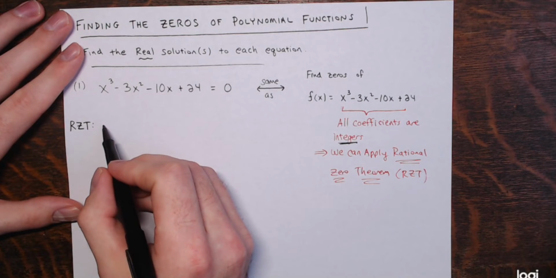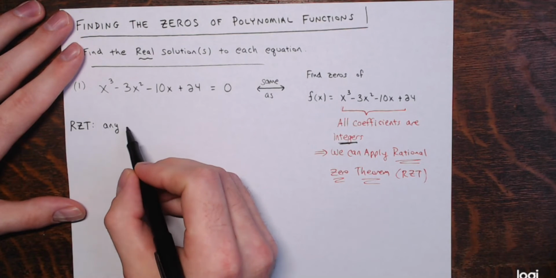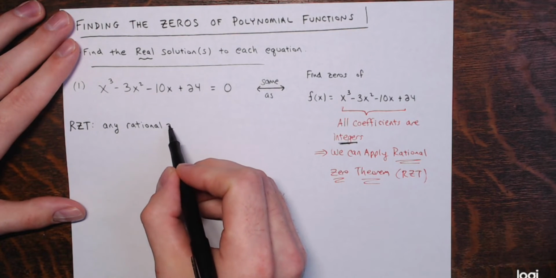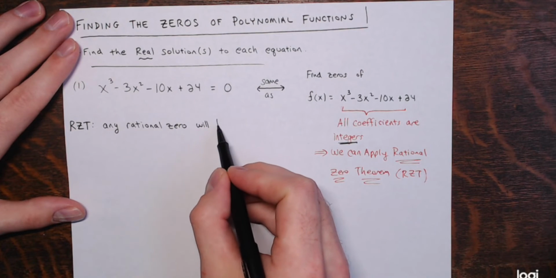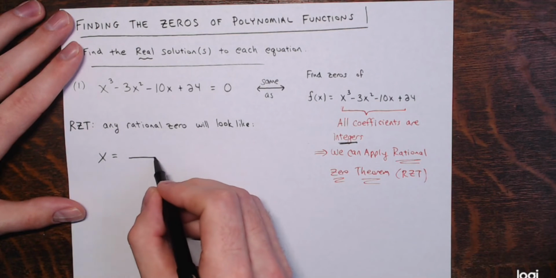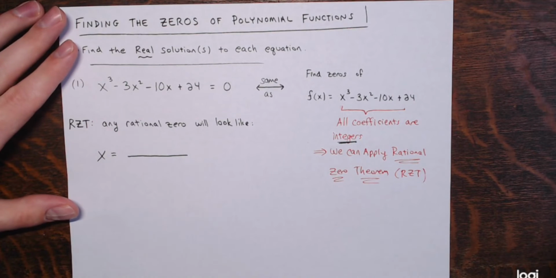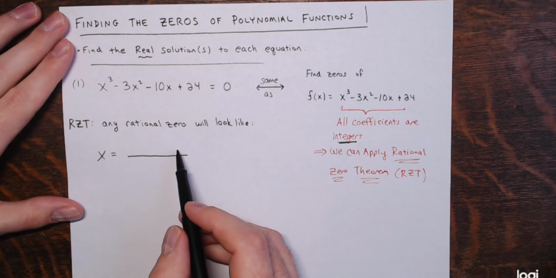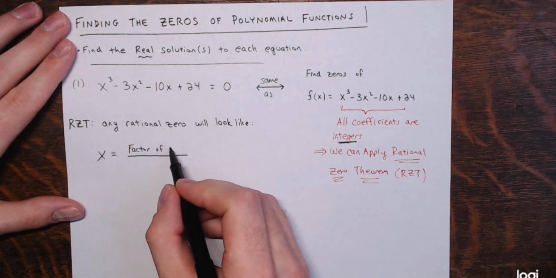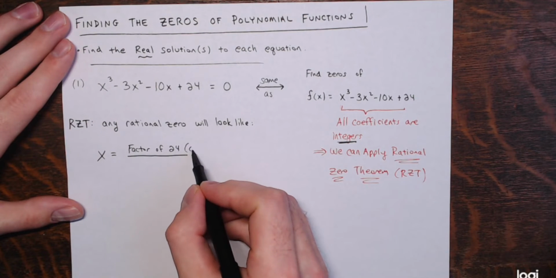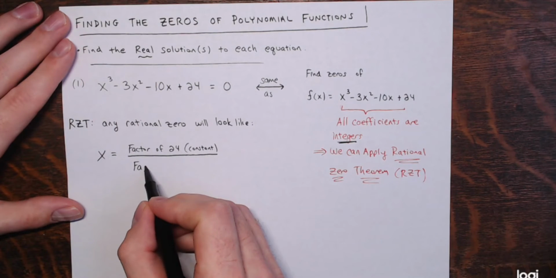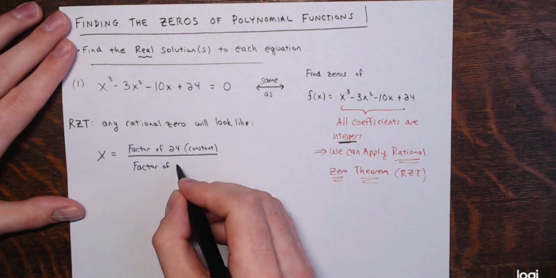So by the rational zero theorem, any rational solution of this equation will look like the following: x equals some rational number, a ratio of two integers, where the numerator has got to be some factor of the constant term, which is positive 24 here, and the denominator has to be some factor of 1, the lead coefficient.